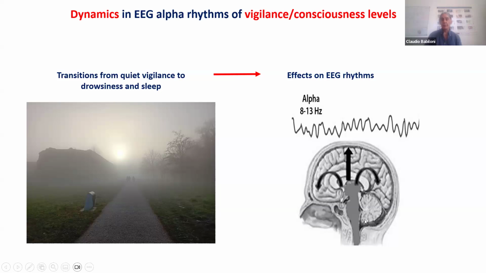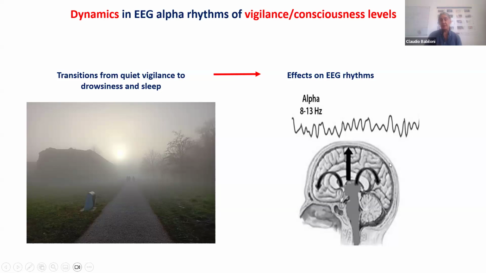And we know from basic neurophysiology that these thalamocortical circuits are modulated by reticular ascending subcortical systems using dopamine, serotonin, and noradrenaline to modulate the oscillations of activity in the thalamic and cortical neurons.